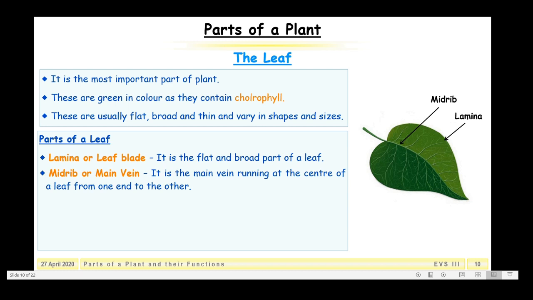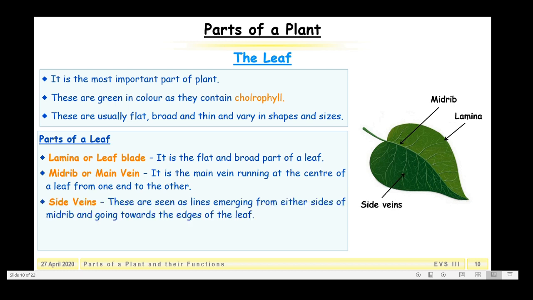Midrib, or we also call it the main vein. It is the main vein running at the center of a leaf from one end to the other. So that means it is running from one end to the other end. So it also helps to carry water and minerals, right?